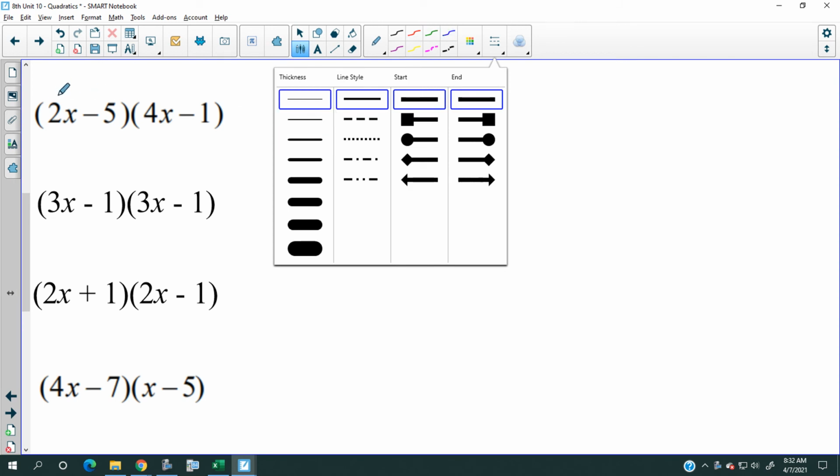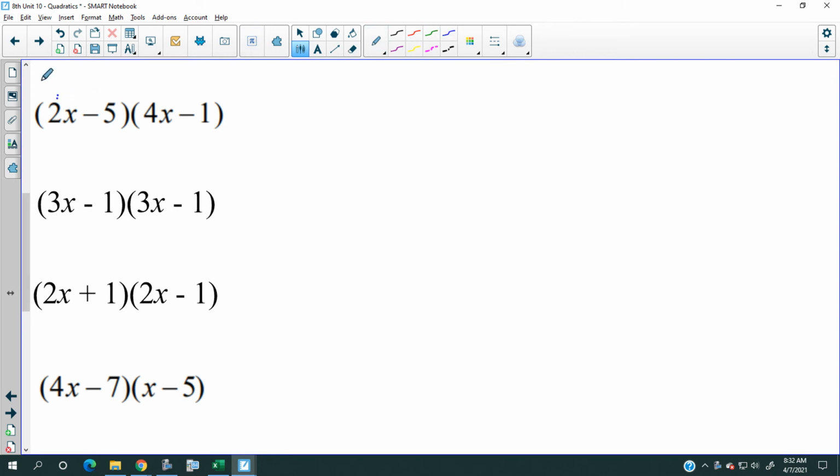Again, likewise, FOIL first. The reason I'm not doing this is that the first term of each expression now has a coefficient also. That's not one. So we have numbers in front of the letters. So 2 times 4 is 8. x times x is x squared. First, right?